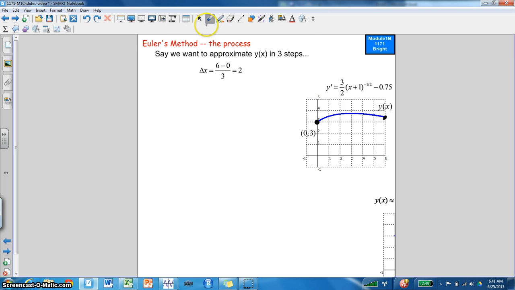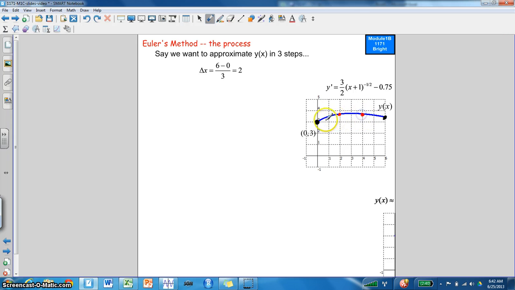So really what I'm saying is I'm going to have 3 segments in here, and I'm going to step x by 2 each time. So I go from here over to here, and then from 2 over to 4.